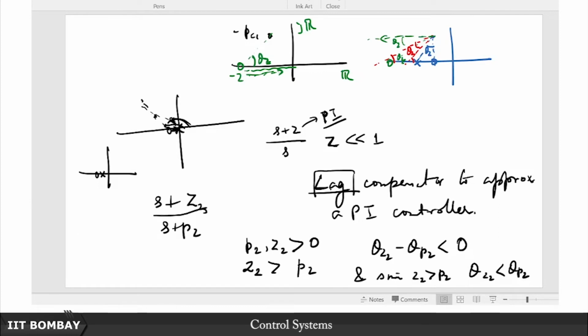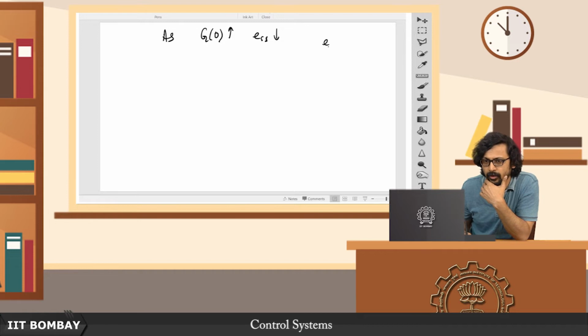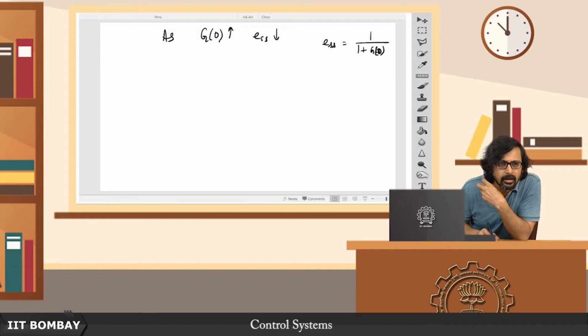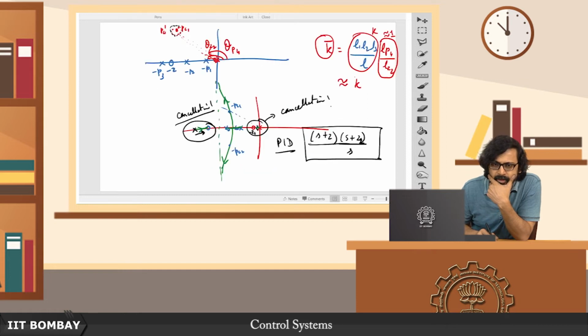So here's the reason why this works. Notice that as G0 increases, ESS decreases, because we have this formula for ESS. Of course we are considering a step input, but it could be applied to others as well. Now, let's take the other example we solved earlier, the other day.